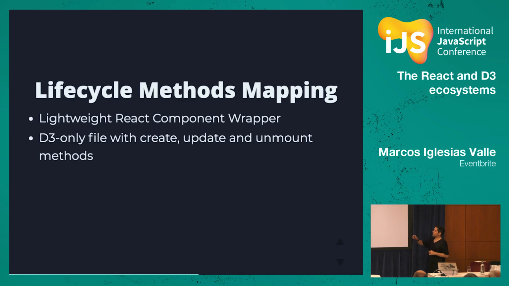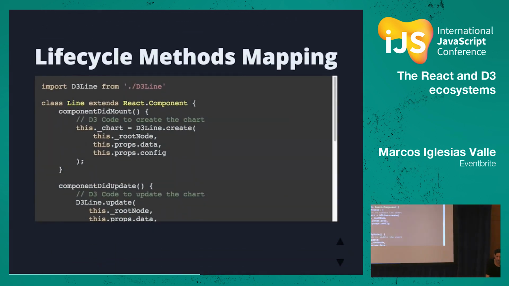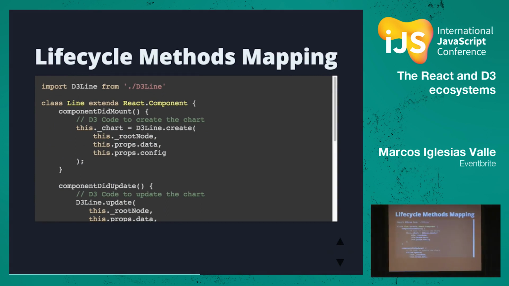And we're going to have that D3-only file with create, update, and unmount, and then we will call those methods from our React component. Let's see it in code. So here we have the React component. On componentDidMount, we will create an instance of a chart.